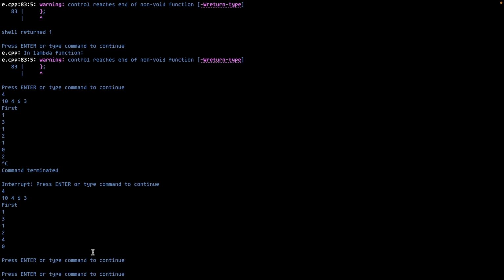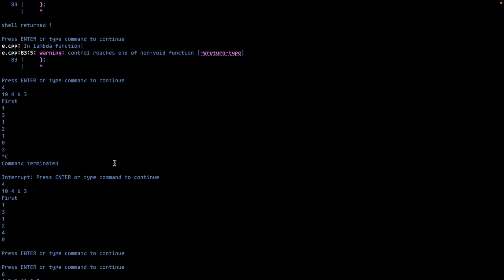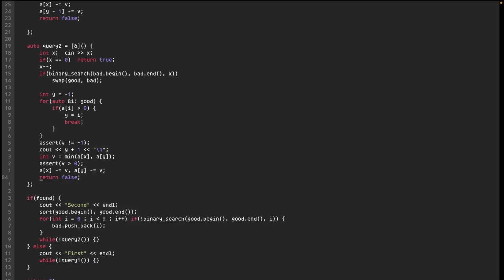So I am basically trying to do something. I'm saying that okay, right now it's equal to minus. This is query two. This is which minus h dot begin dot end.